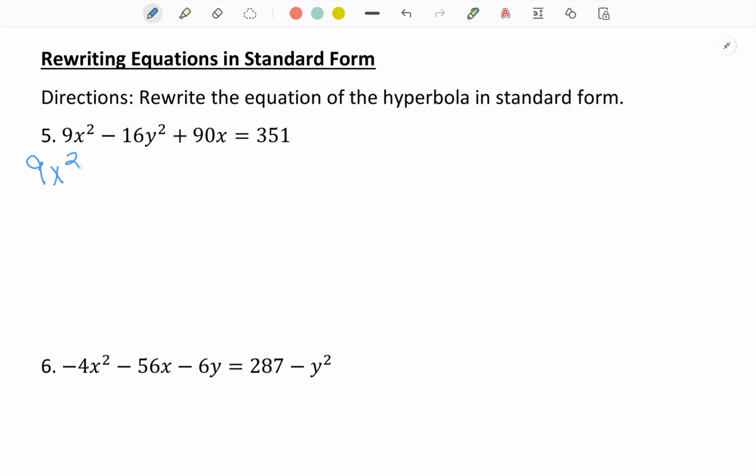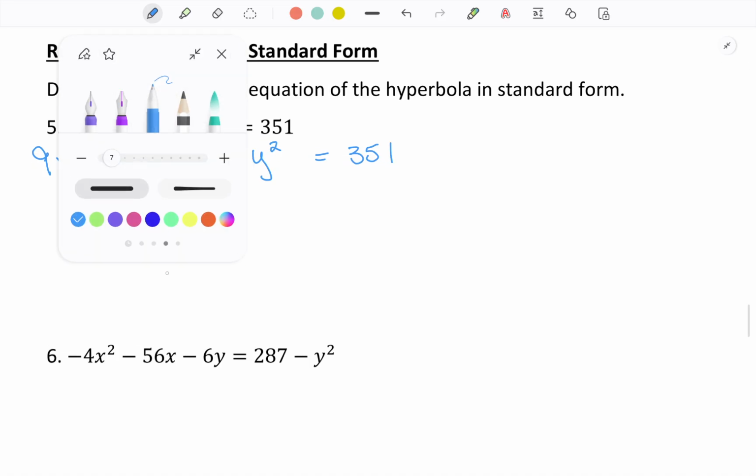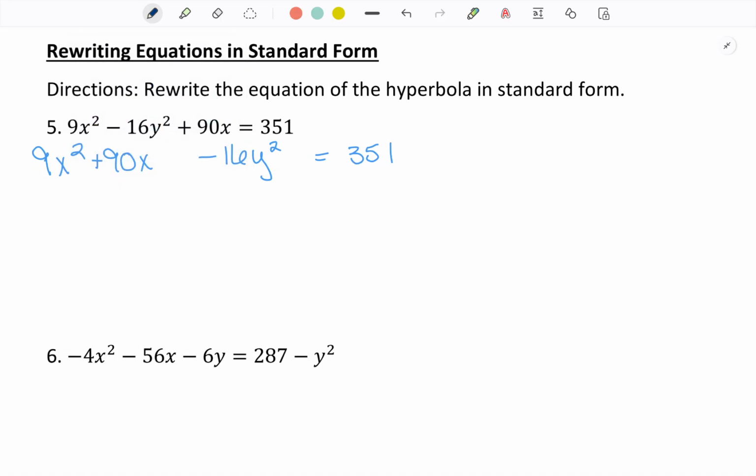So 9x squared plus 90x minus 16y squared equals 351. I'm going to have to complete the square with the x's. So I'm going to go ahead and factor out that 9.